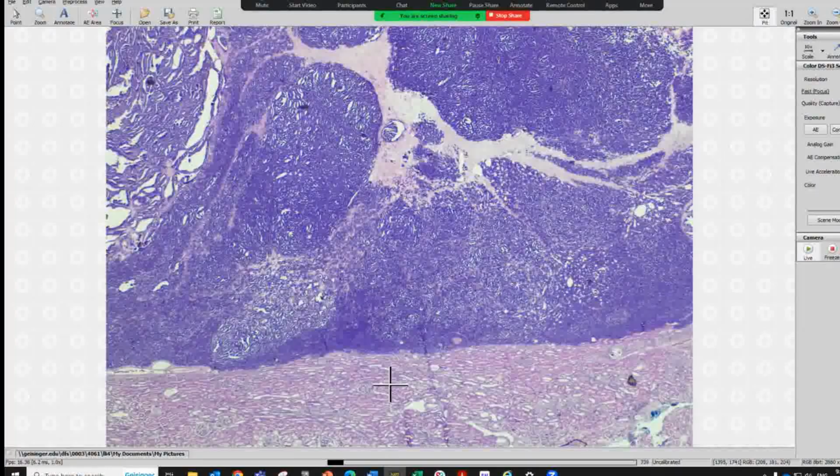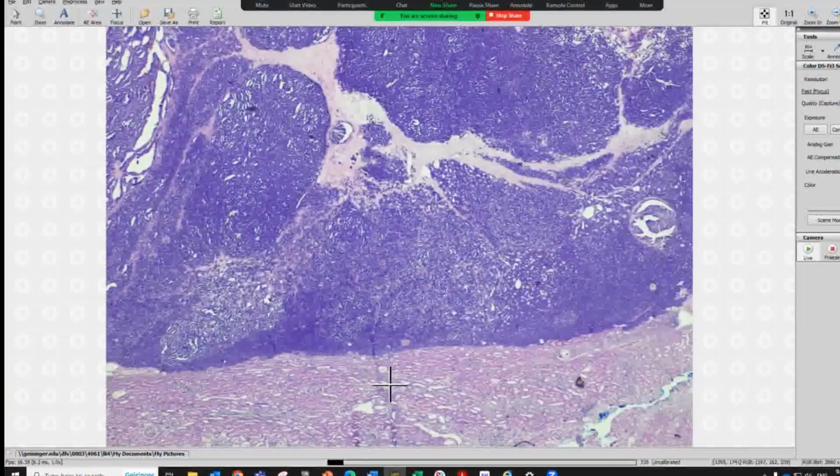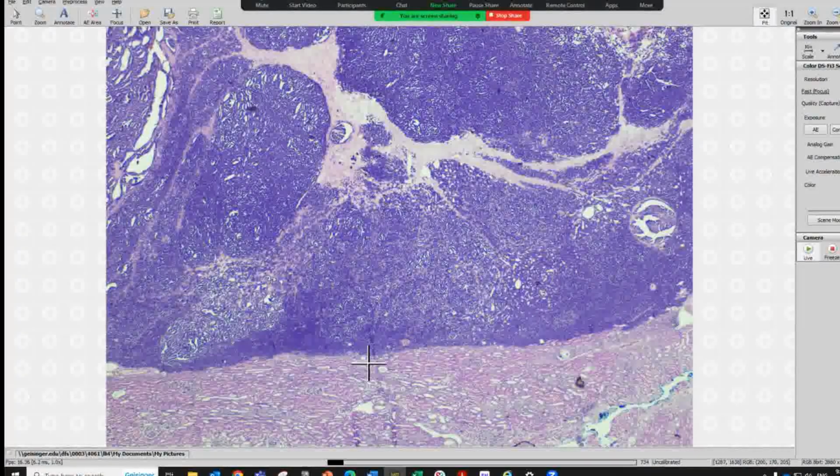My impression of this slide is a well circumscribed lesion, but without any capsule. In the tumor area, we can see a really blue area of cells, and some stroma, which is hypocellular. We do not have a lot of nuclei here.